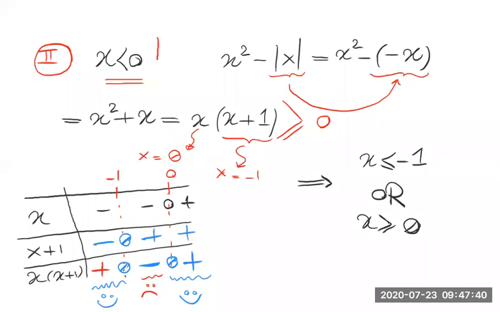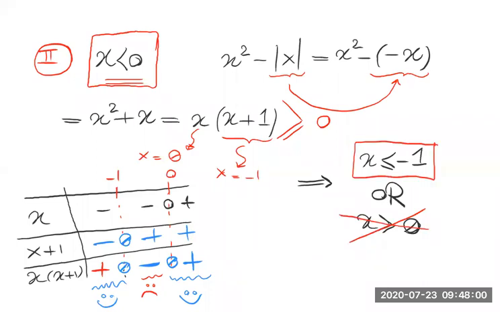Our assumption is x is negative. We are considering the case where x is negative, because we are saying the absolute value of x is minus x. So x can't be greater or equal than 0. So this is what we get: x is less or equal than -1.